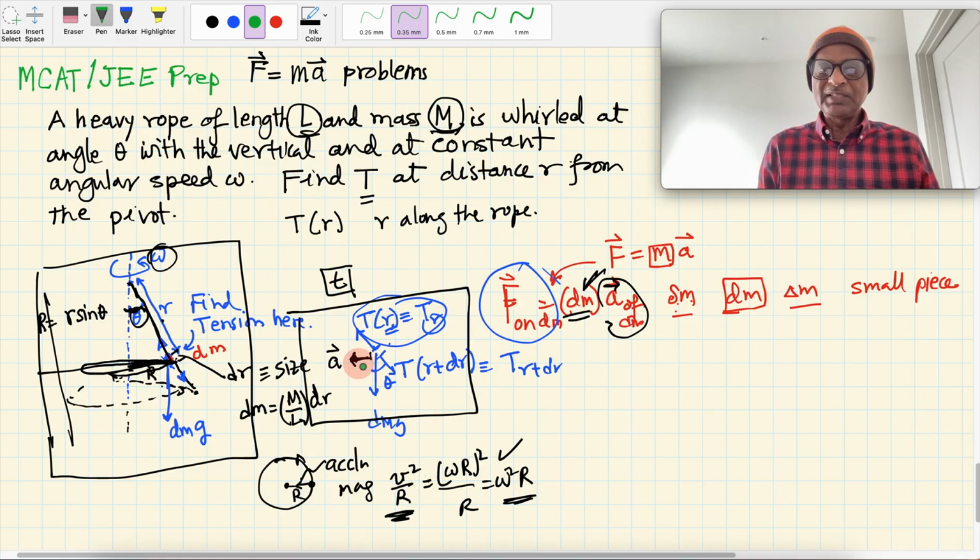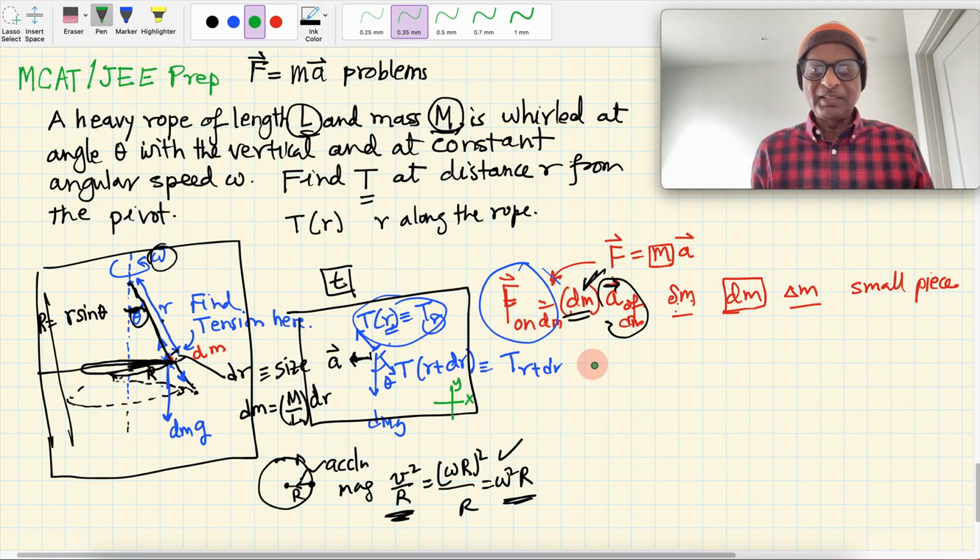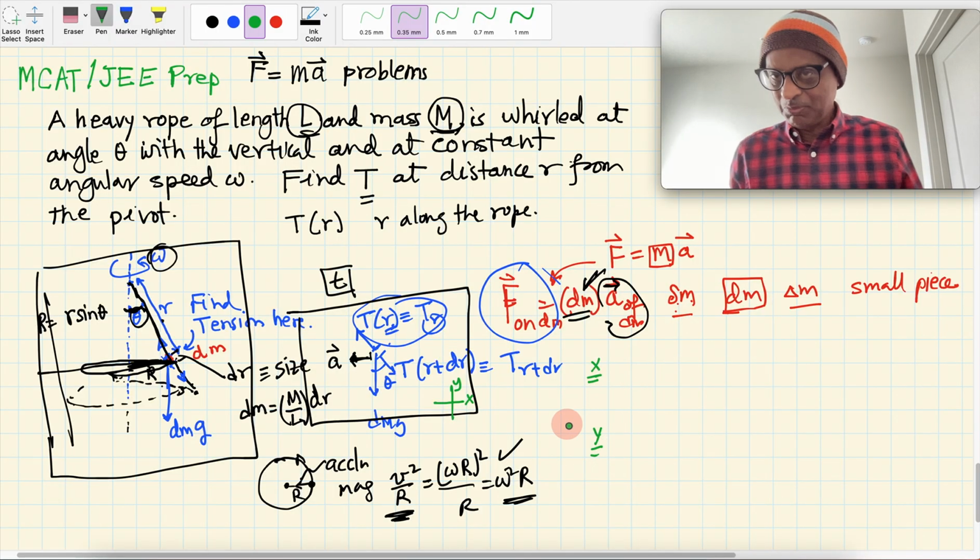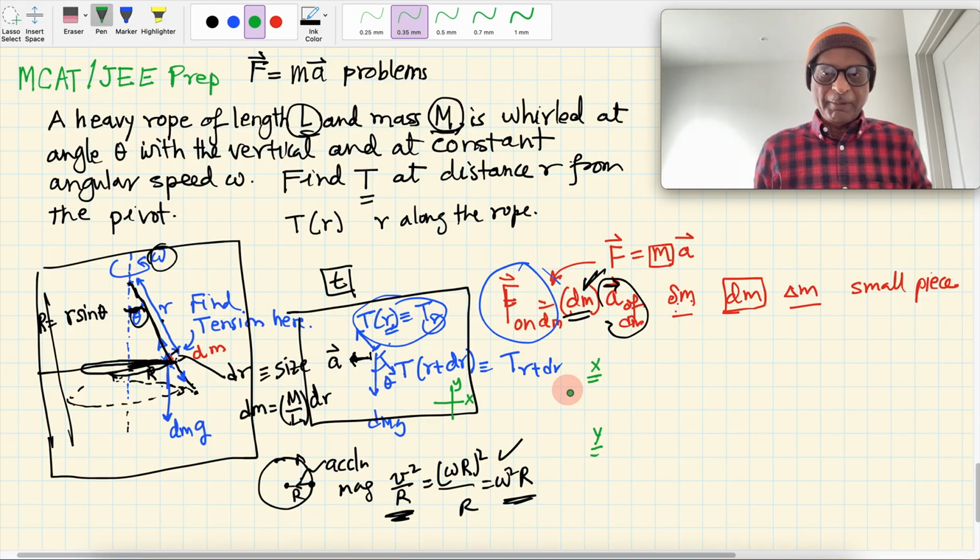Usually it helps to have acceleration along one coordinate. So we can choose x this way and y that way. So we can write the x equation of motion, and then we can write the y equation of motion. Maybe both are useful, maybe only one of them is useful.